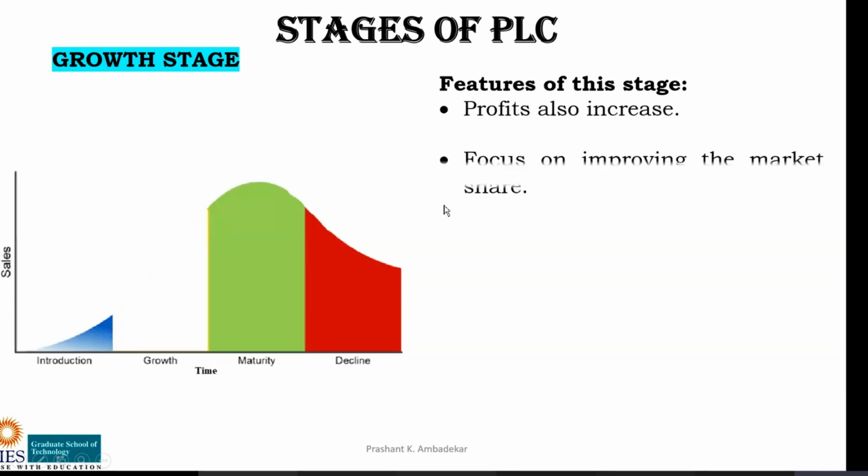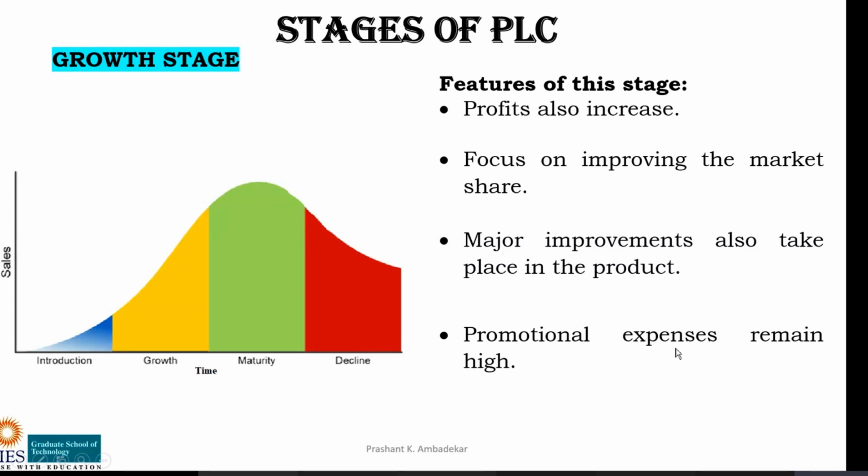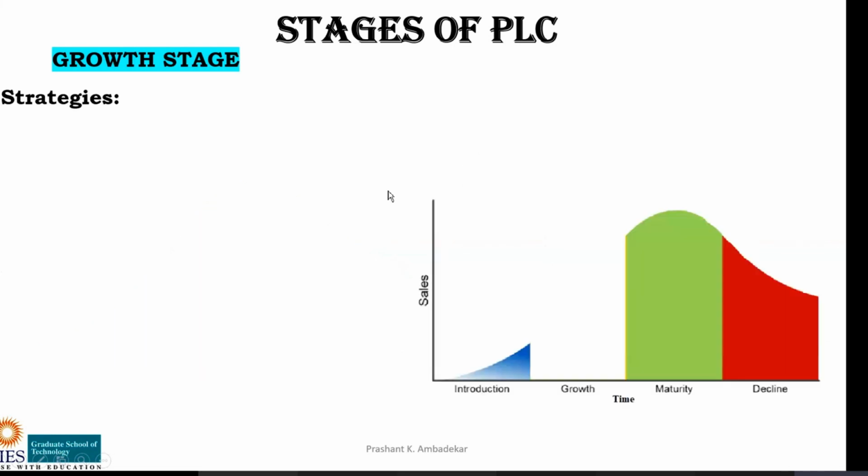So sales also increases in this stage, and if the manufacturer wants, then major improvements can be done in the product, and promotions or advertising still remain. It again depends on company to company whether they want to keep advertising or they want to reduce, but generally this is the scenario that promotion has to be done in this stage only because it is growing stage.